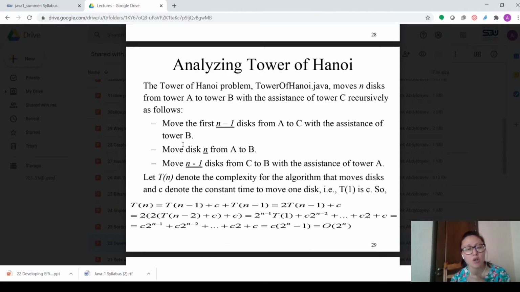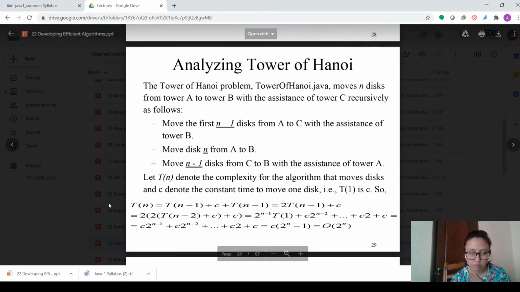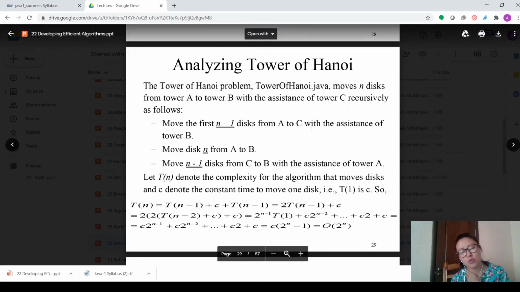It counts how much time it will spend to move the disks from one tower to another tower. If you don't know the game of Tower of Hanoi, just Google it and you will understand this topic.